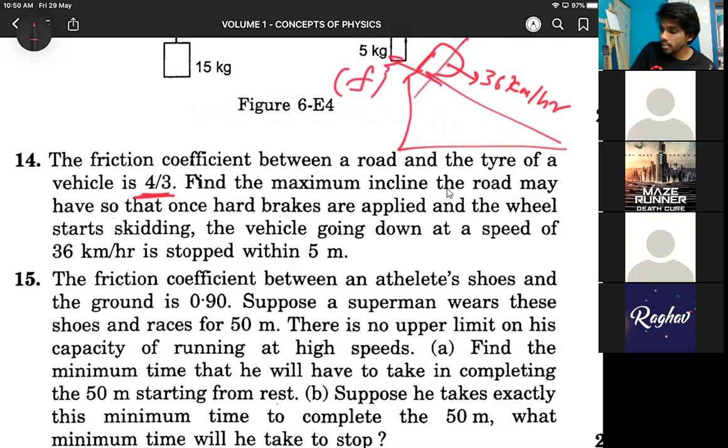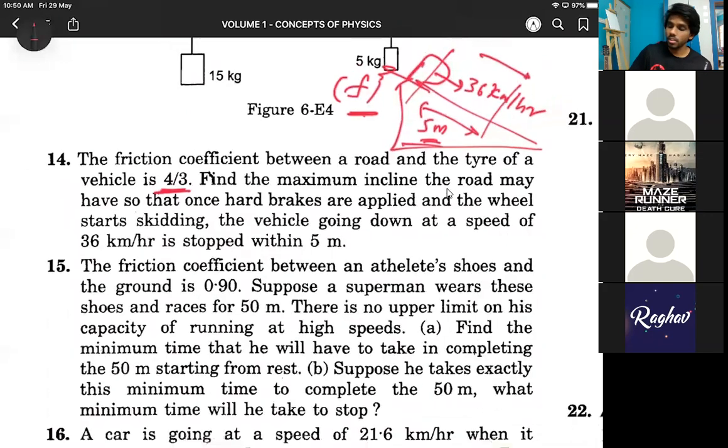And he says with this friction, it only slides for 5 meters before it comes to rest. That is what he is asking us to do. So simply find the friction. From that, find the deceleration. v square minus u square equal to 2as. It is a simple question.